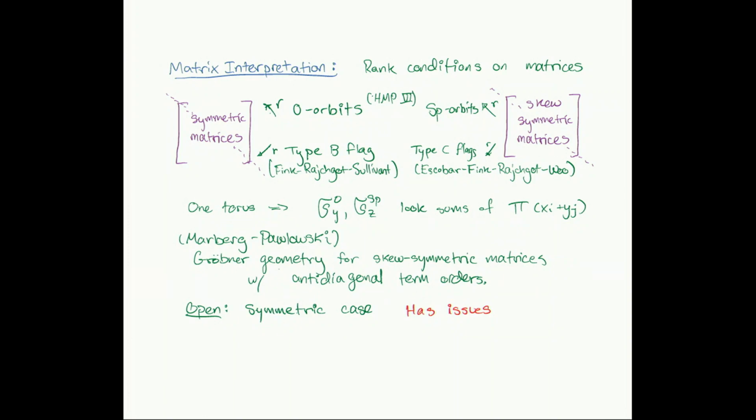Like Laura's row indexing being different than what we had been doing, that doesn't really change anything for the algebra, the combinatorics, et cetera. Here, it matters a great deal whether you're reading from the axis of symmetry or away from it. And so if you read towards the axis of symmetry, then you're getting these O orbits. If you read away from it, you're getting type B flag objects.